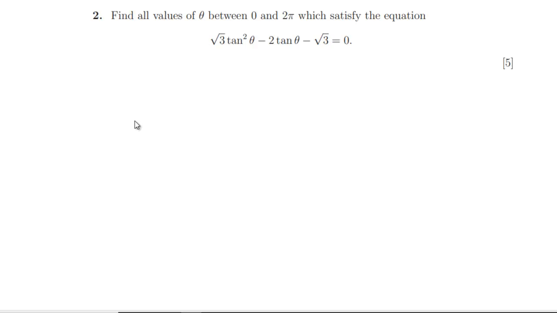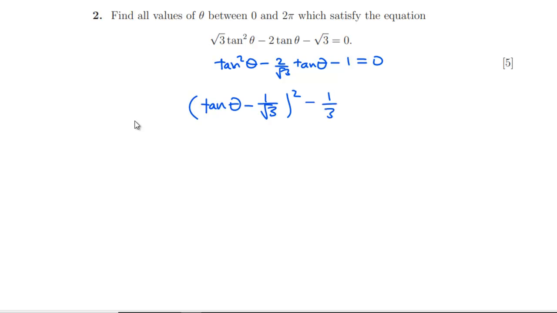Find all values of theta between 0 and 2 pi which satisfy this equation. Right, I think get rid of this root 3 and then complete the square. So we've got tan squared theta minus 2 over root 3 tan theta minus 1 equals 0. So tan theta minus 1 over root 3 all squared, which means we're going to have to take off a third and then take off 1 is equal to 0.